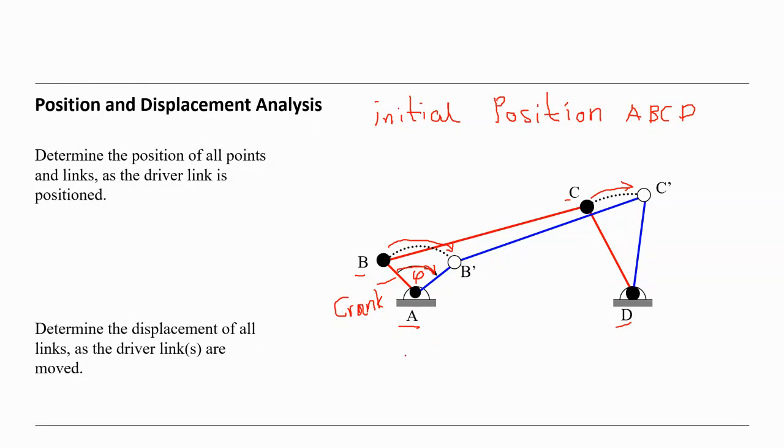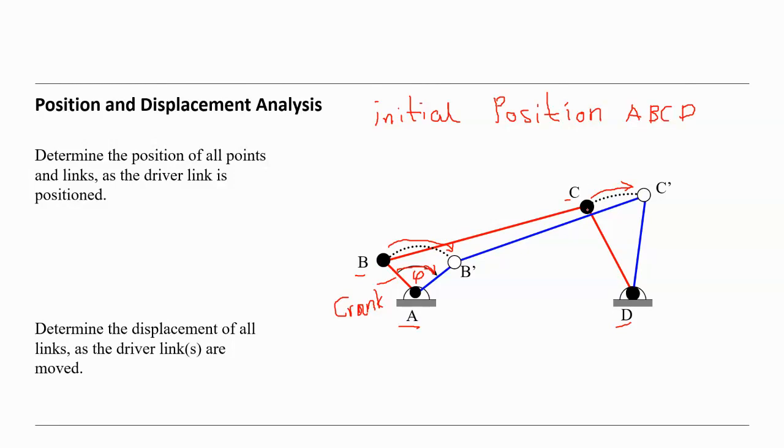And since there is a coupler between B and C, this motion is transferred to the point C. The motion starts with AB, and A is fixed, so B is turning around the point A. That means this is a circular motion, as you see here, with radius AB.